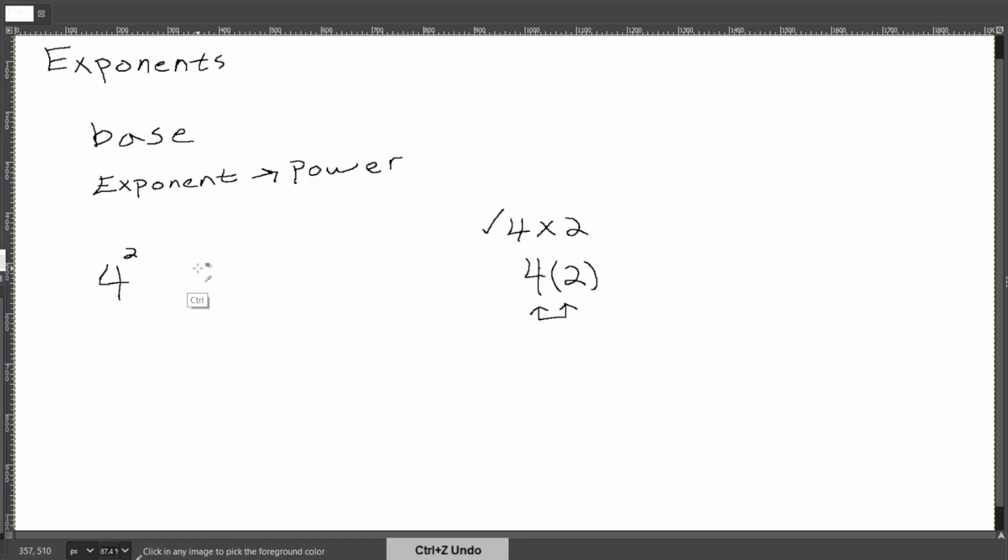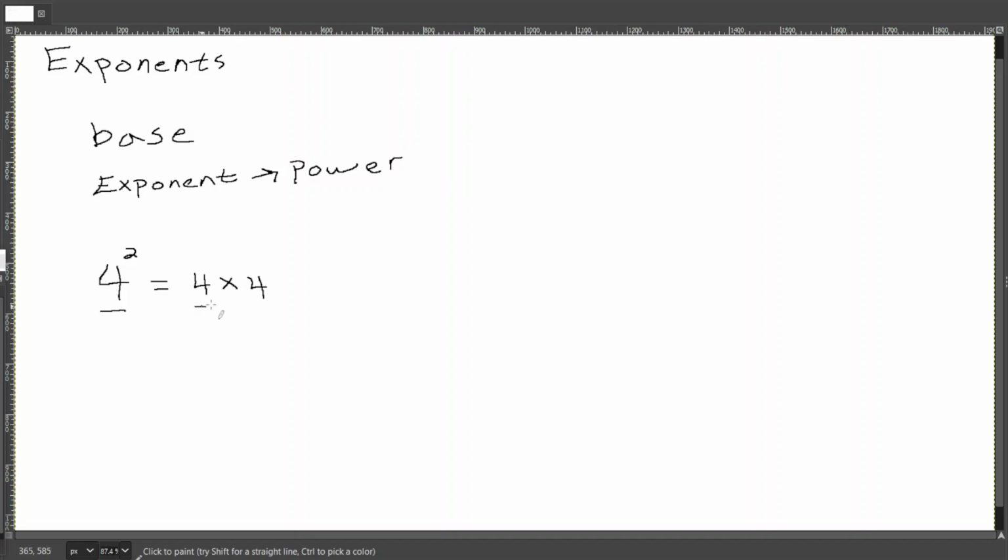So if you're starting to wonder, well, what is it equal to? Let me go ahead and erase some of this stuff. Well, it's equal to 4 times 4. So it's the base number repeated. And how many times do you repeat it? Well, according to the power. Now this could be read as 4 to the second power.